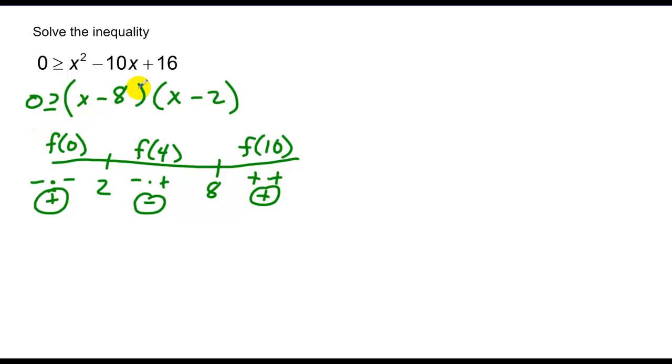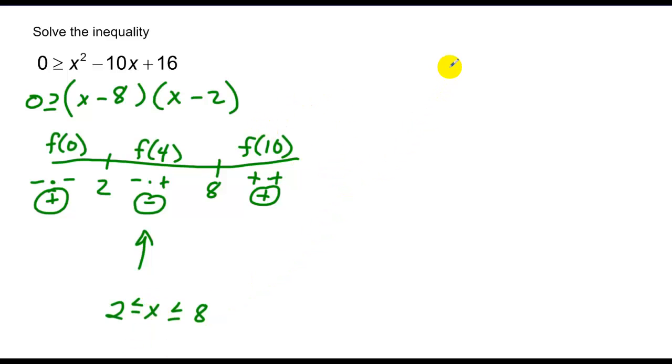Once again, I'm looking for all numbers which make this inequality less than. So that is this guy right here, because all negatives are less than 0. So I state my answer as all numbers between 2 and 8. And I can include each one.